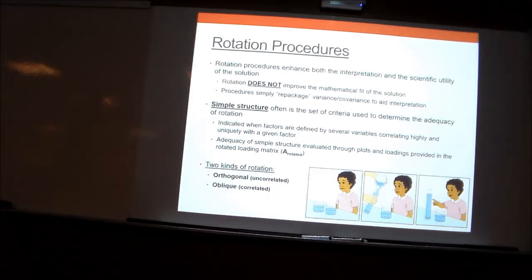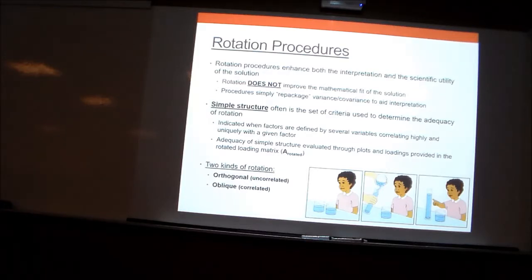Orthogonal is uncorrelated rotation. Oblique is correlated rotation. Uncorrelated rotation specifies that our underlying factors in their true form are uncorrelated with one another. They're orthogonal, at right angles. Oblique rotations allow those factors to become correlated. Oblique rotations complicate solutions a little bit, but are advantageous for other reasons.